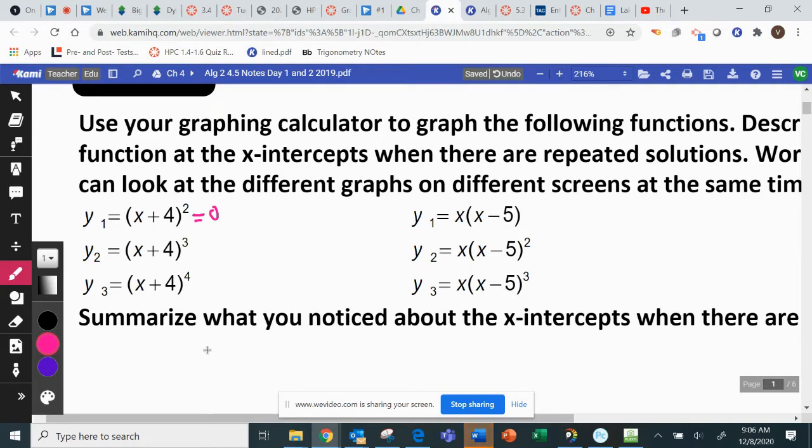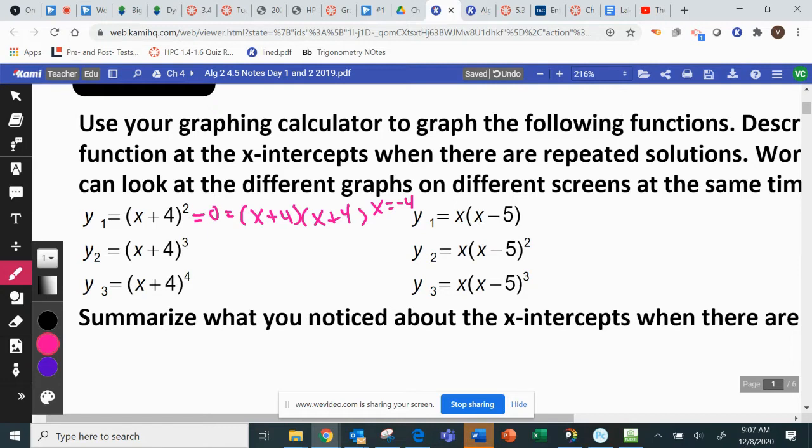If I expand this x plus 4 squared, I'm just going to have x plus 4 and x plus 4. So they would both be equal to what? -4. So we would have 2 solutions, but they're exactly the same solution. And since they're exactly the same solution, I can't really tell from my graph.